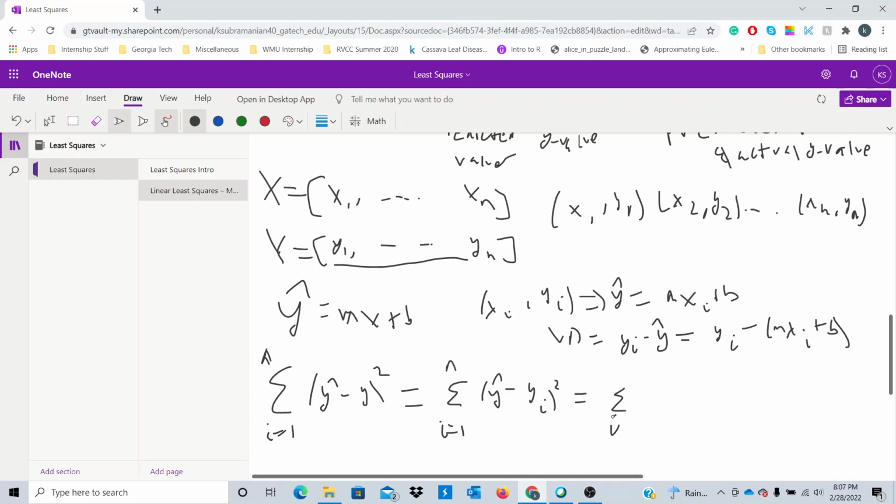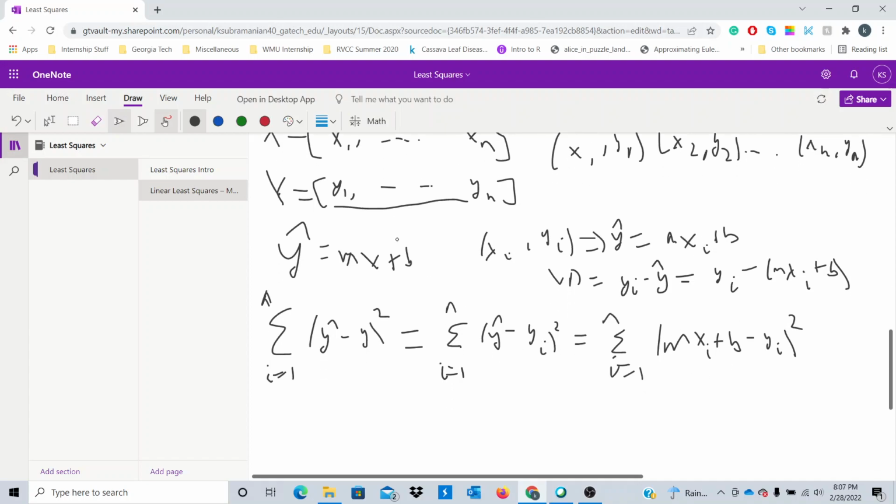So this is going to be the summation from i equals 1 to n of (m xi plus b minus yi), and we're going to take the square of this difference.